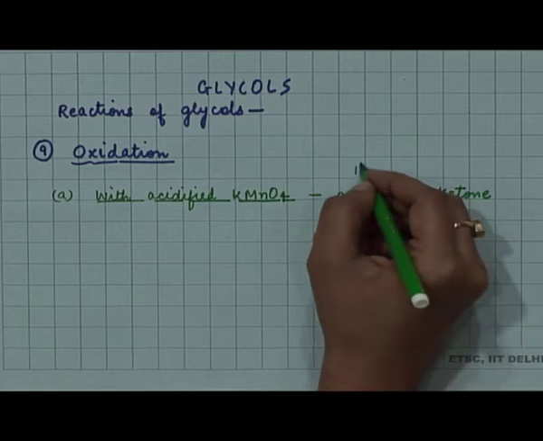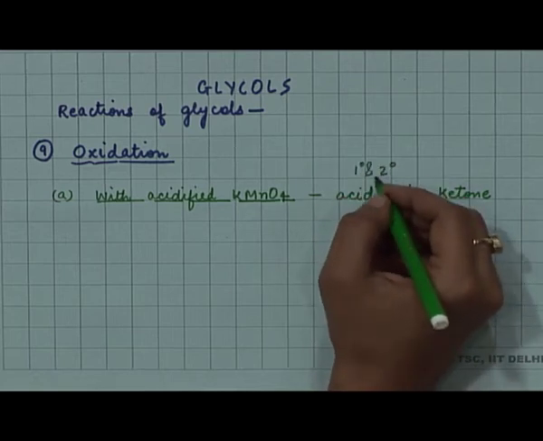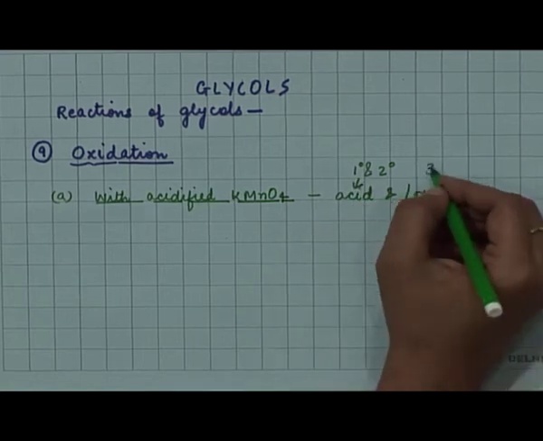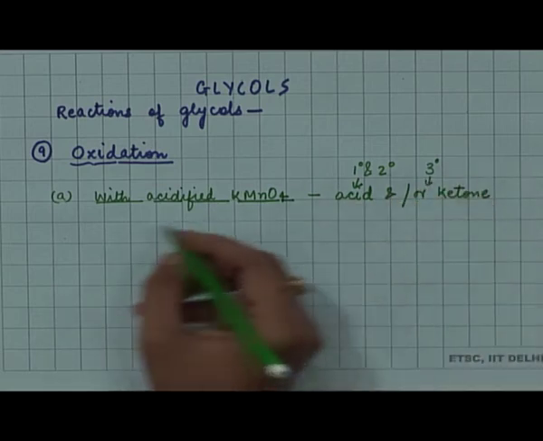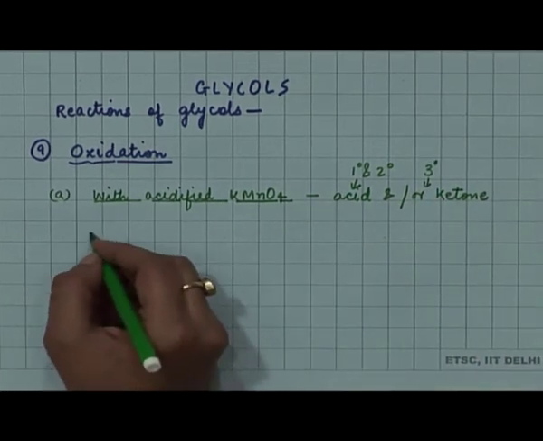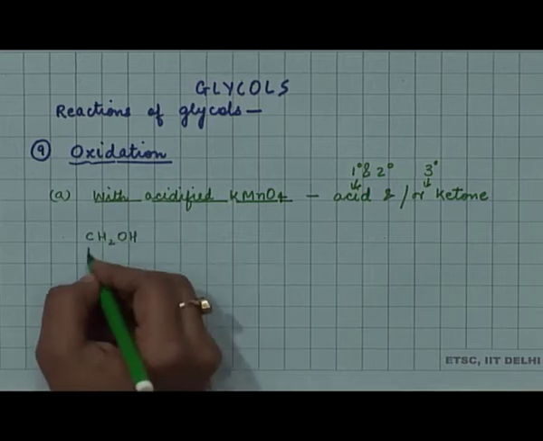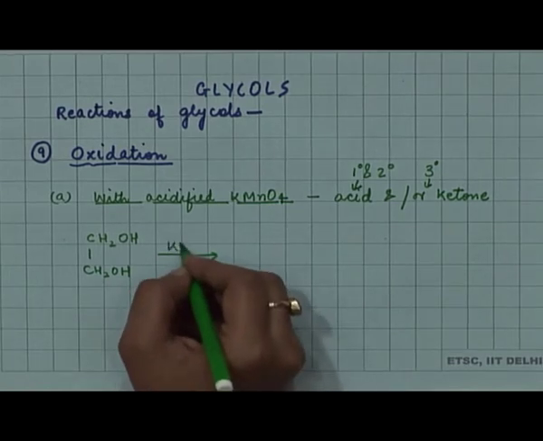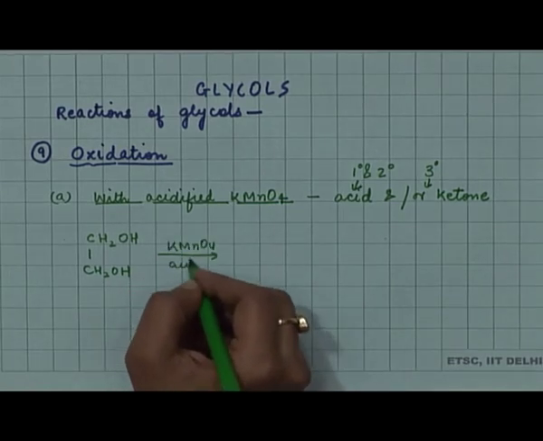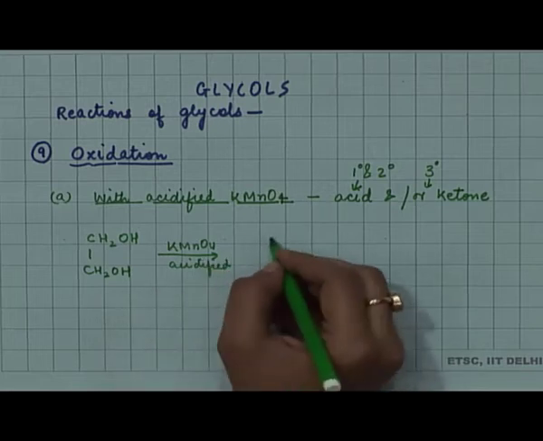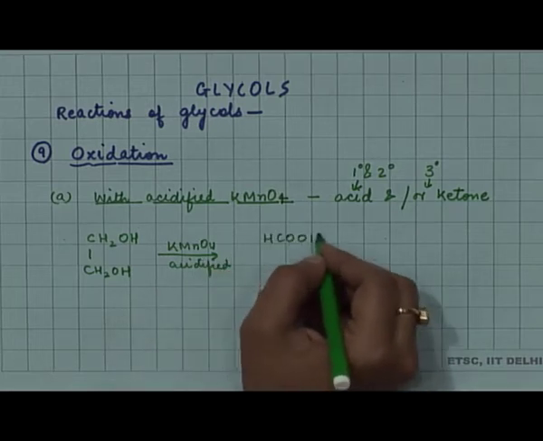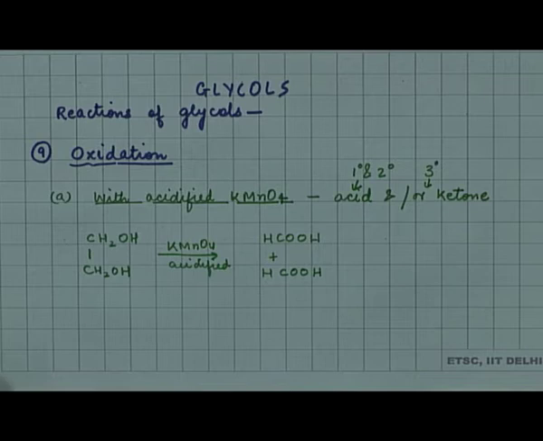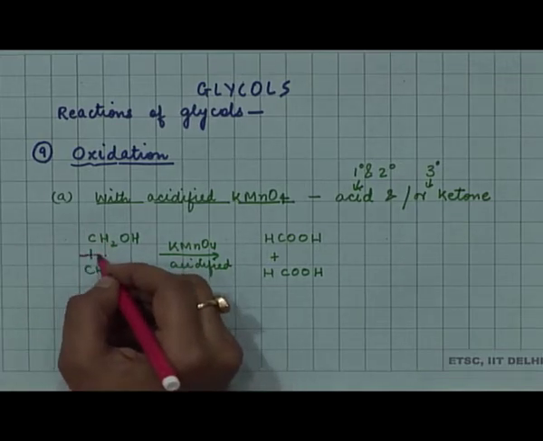So, if you start with a 1 degree and a 2 degree alcohol combination in a glycol, you end up with an acid, and if you start with a 3 degree OH, you get a ketone. So, in the acidified KMnO4 oxidation of glycols, this is what happens. You treat the glycol with acidified KMnO4 and you end up with 2 moles of formic acid, with the fission taking place between this carbon-carbon bond.